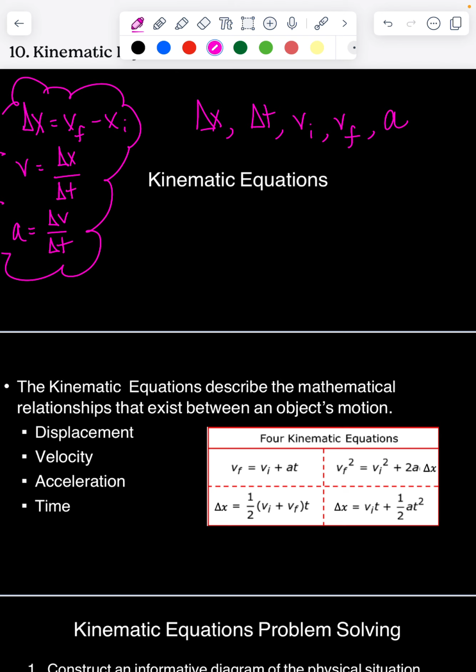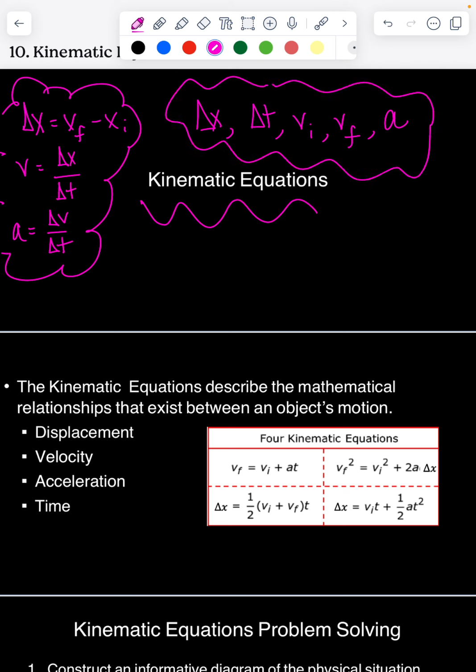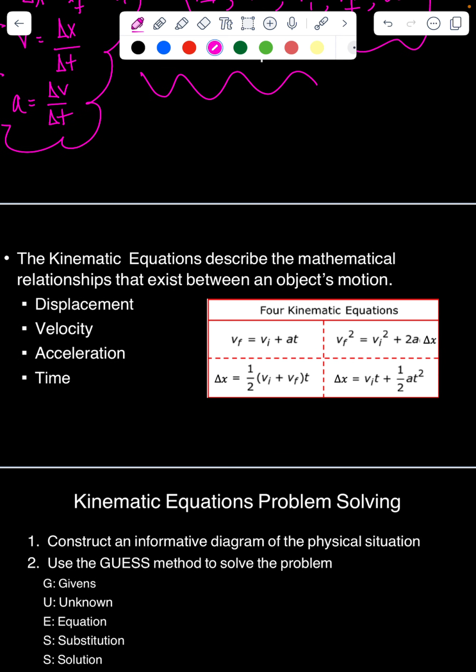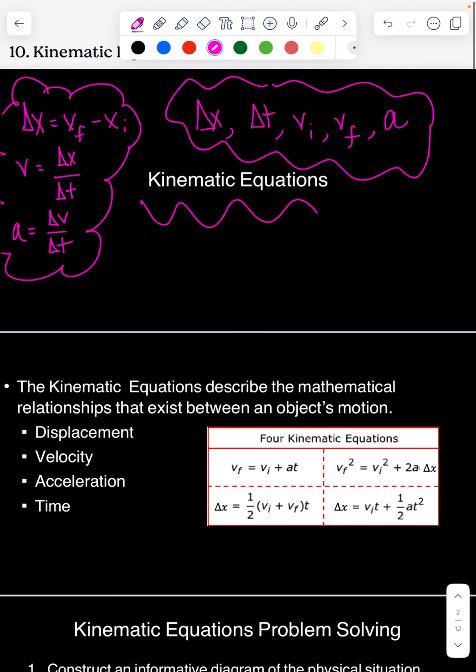The difference between kinematics equations and the original equations is that our kinematics equations take 4 out of the 5 variables and show them in a way that gives us the mathematical relationships that exist in an object's motion. So they're looking at how displacement is going to affect acceleration, and different things like that.